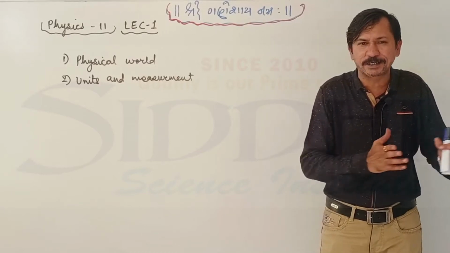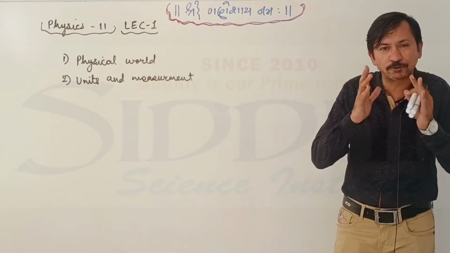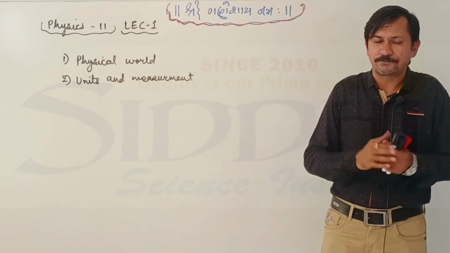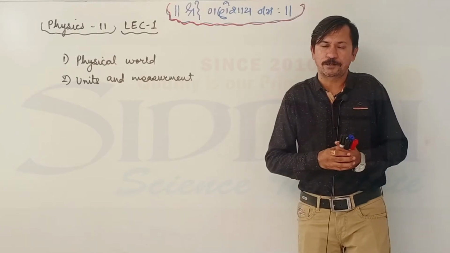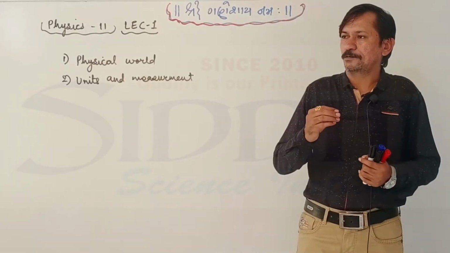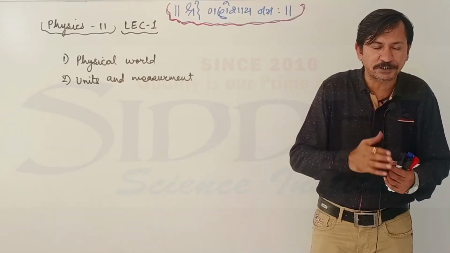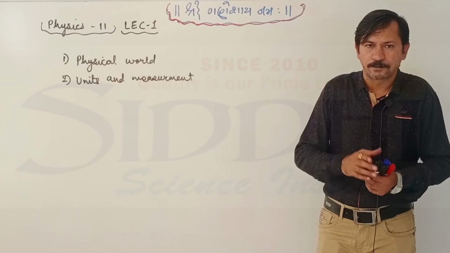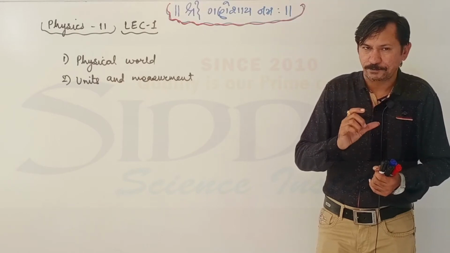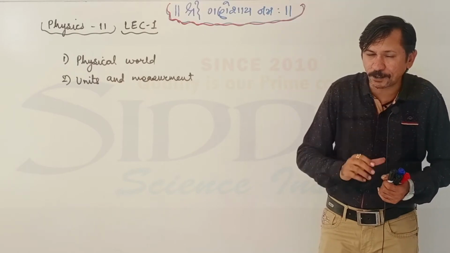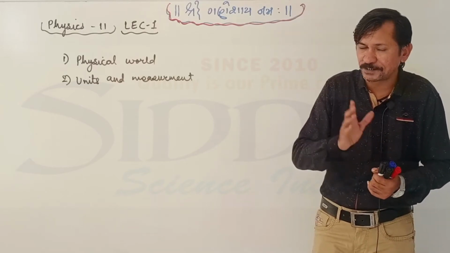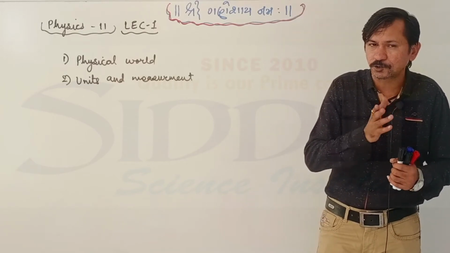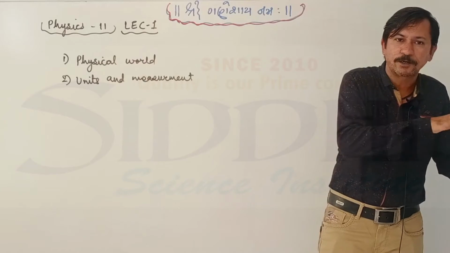We need to measure things in our life. We need to measure physical quantities for technical purposes, in industries. So measurement requires physical quantities, and physical quantities to be measured require units.